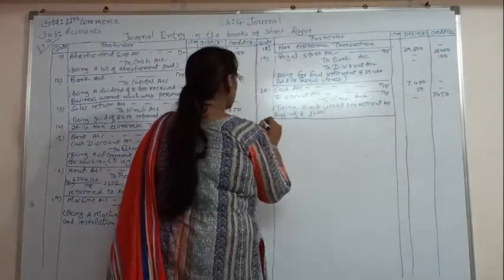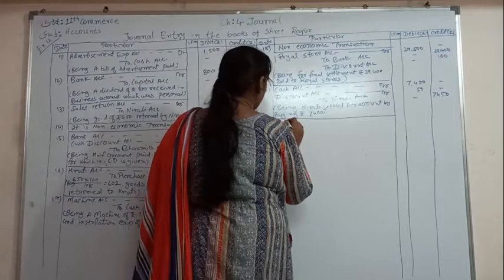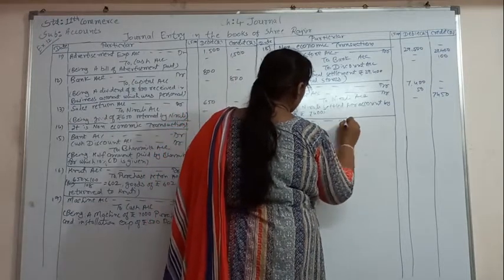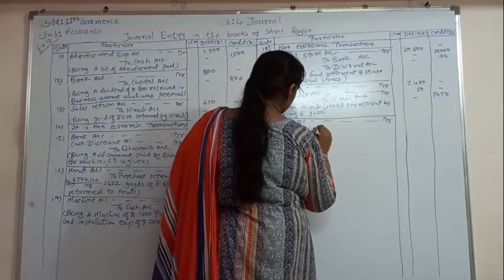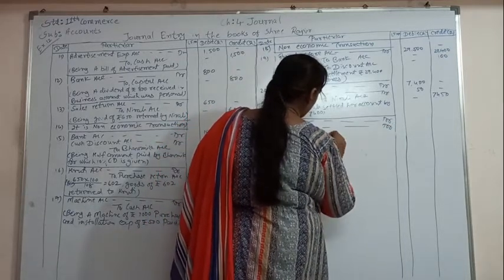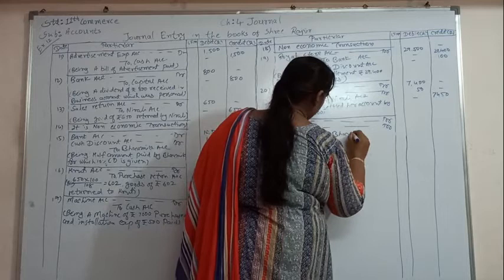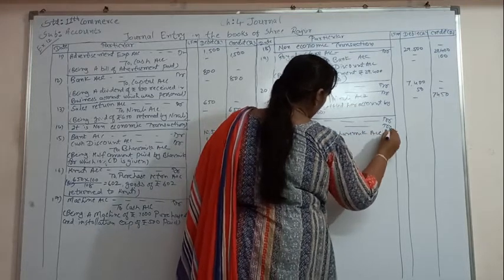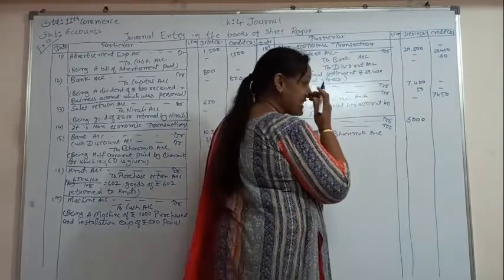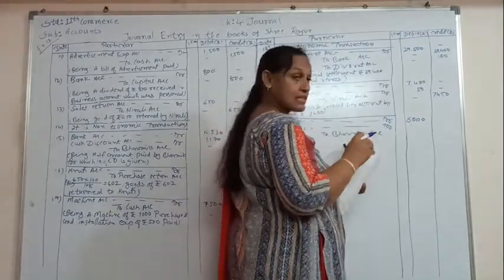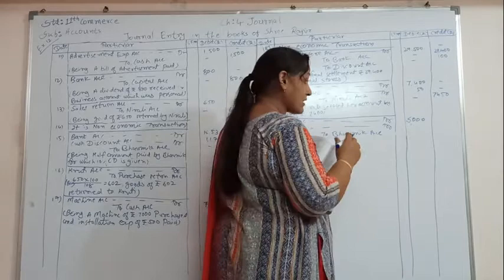So here cash account debit, bank account debit, to Bhumik account. So here he has paid 5,000 cash and how much will the balance be? 11,700 minus 5,000.